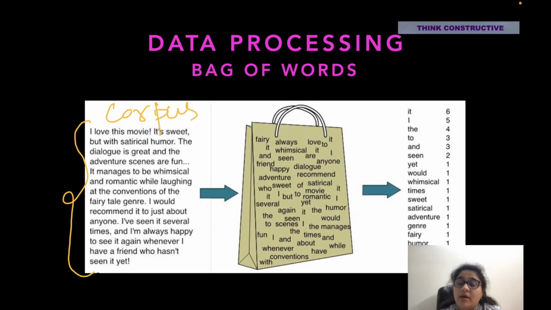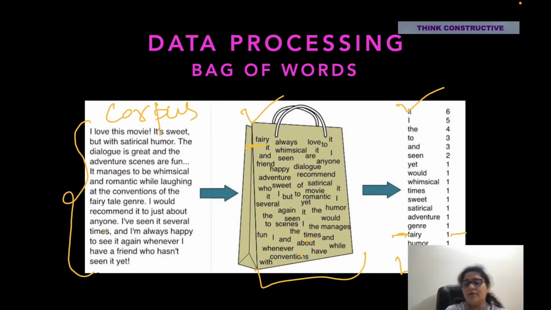The vocabulary will be taken from this and filled in a bag like this, and then the counting or frequency of each word will be depicted here. So the corpus is converted to the bag, to the vocabulary, and further this vocabulary's frequency is available like this.